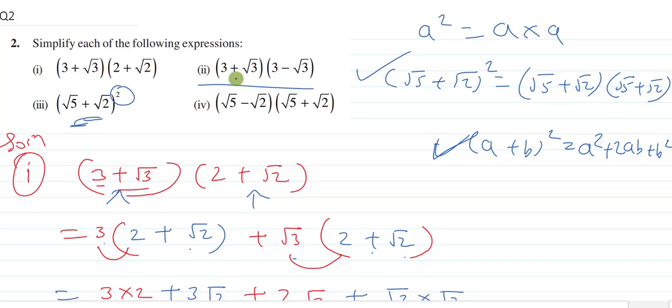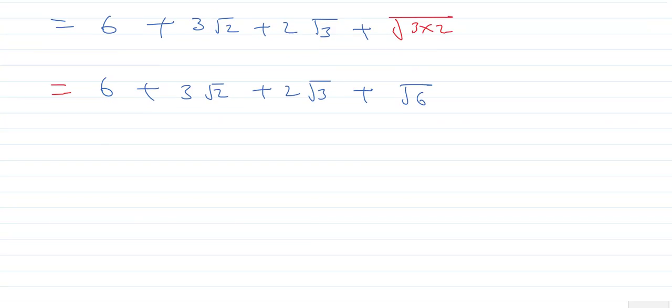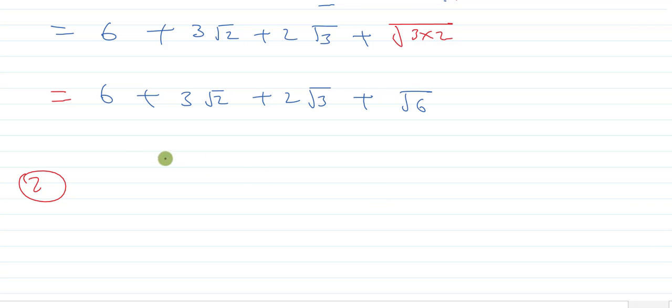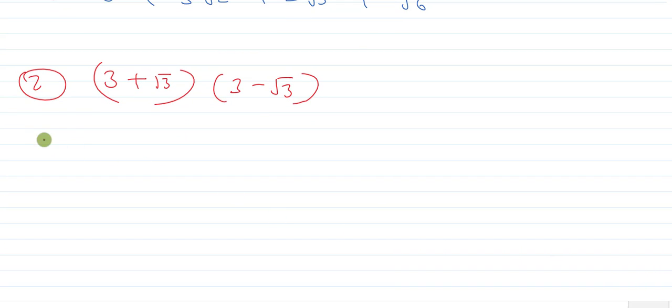Okay. Let's start with the second one. Second one is 3 plus root 3, 3 minus root 3. Here again you can use the formula. So I'll solve by both the methods. First we will solve by the expansion.